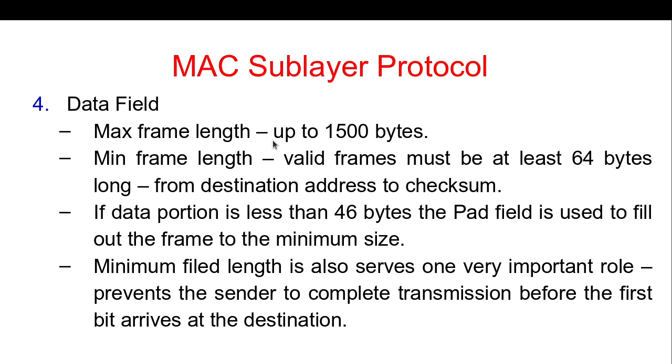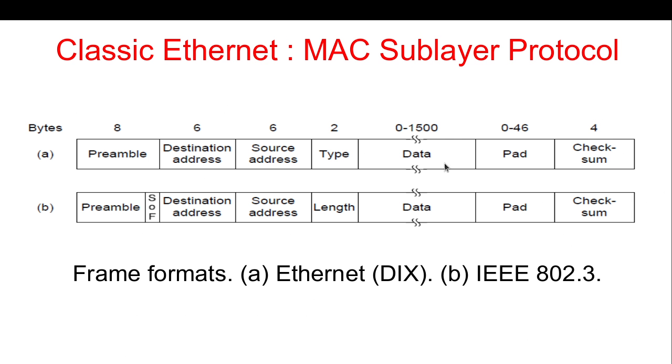That minimum of 64 bytes, as you can see here, applies to the frame from destination address to checksum. So the minimum length possible for that frame is 64 bytes.